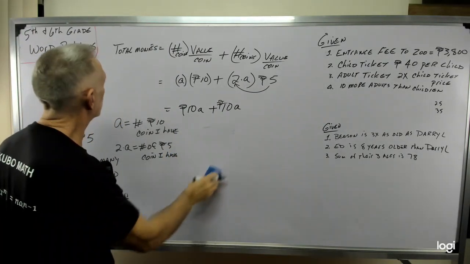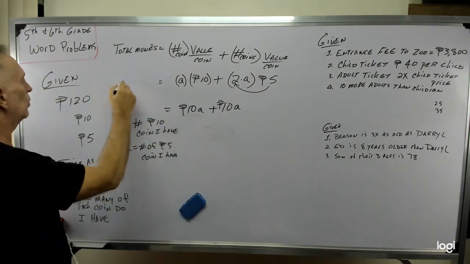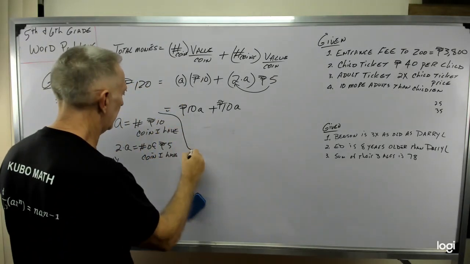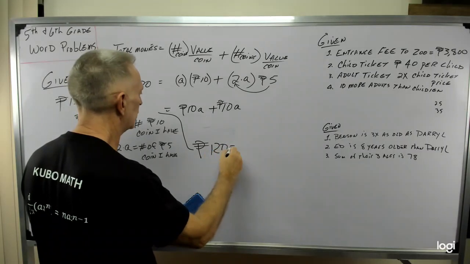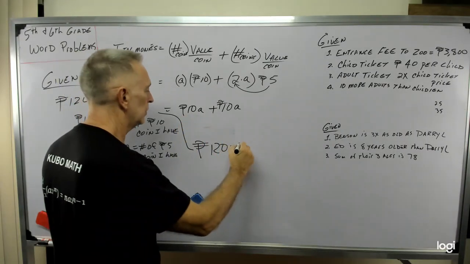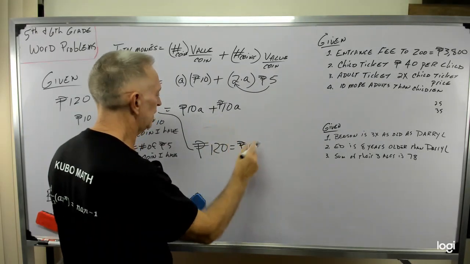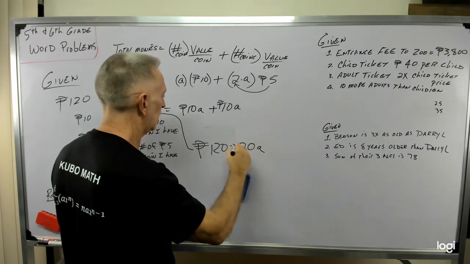Let me scoot over a little bit, because my total monies was 120. So let me bring all that down. My total money was 120 pesos, and that equals 10A plus 10A, which was 20A pesos.